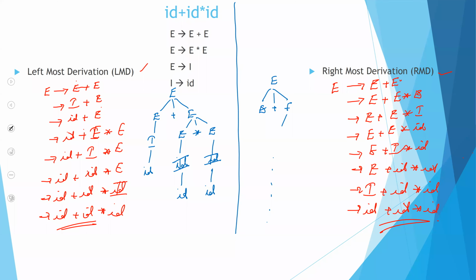So, for a given grammar, you can have a leftmost derivation or a rightmost derivation. Interestingly, for some grammar, you can have more than one leftmost derivation, and even more than one rightmost derivation. That is also very much possible.